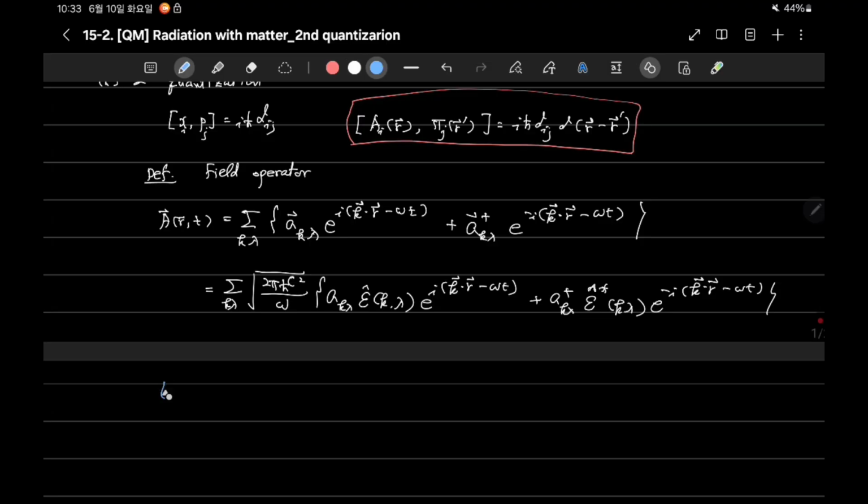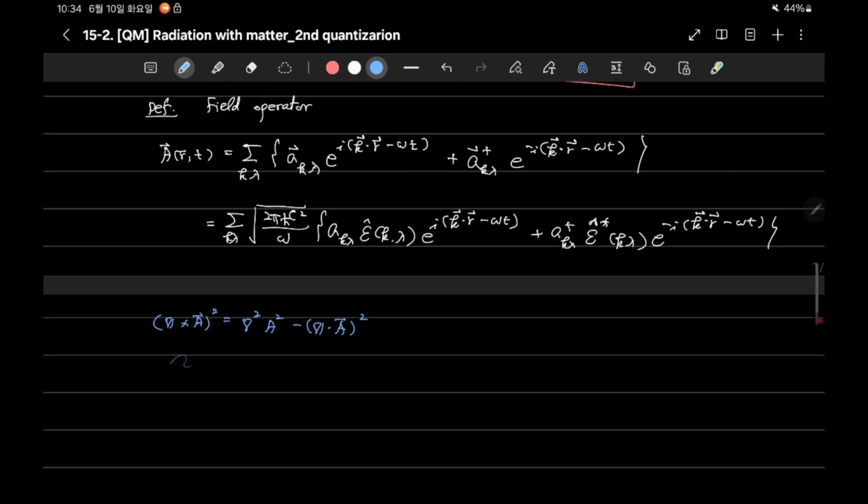Here curl A squared is the Laplacian A squared minus divergence A squared. So with the volume integration of curl A squared, this term equals 0.